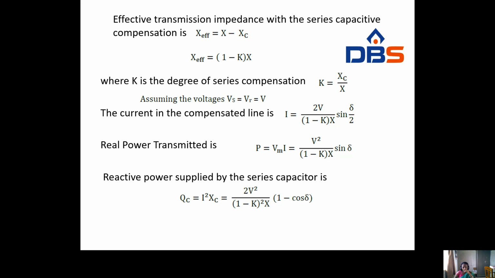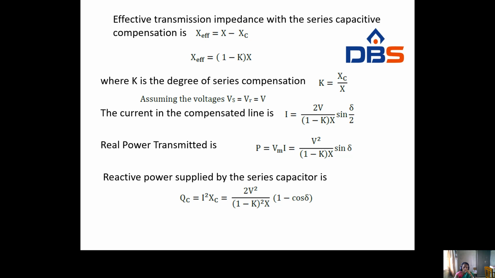Here Xc equal to K into X, so taking X common, X effective equal to 1 minus K into X, where K is the degree of series compensation, that is K equal to Xc by X.